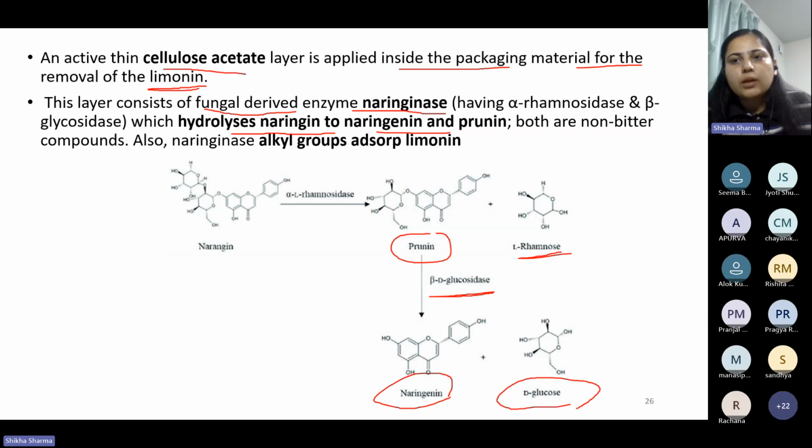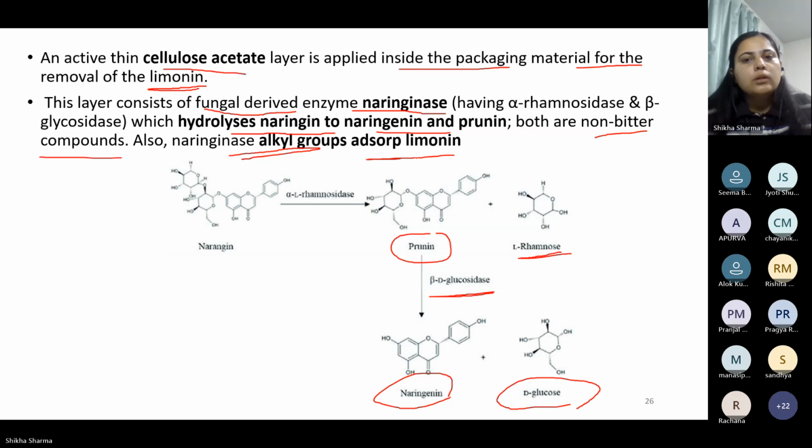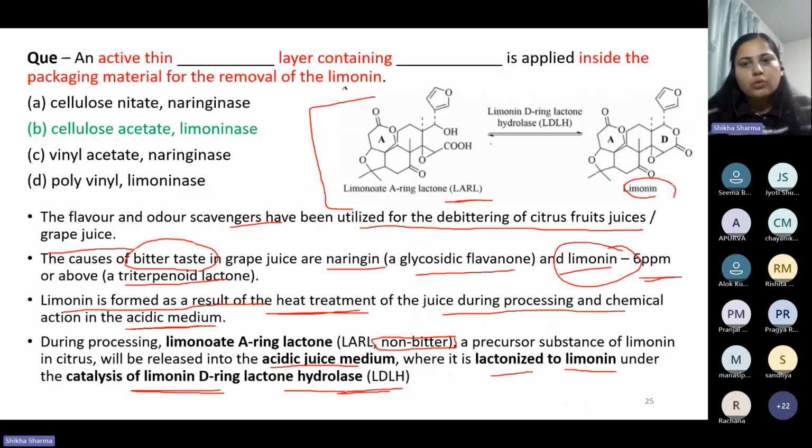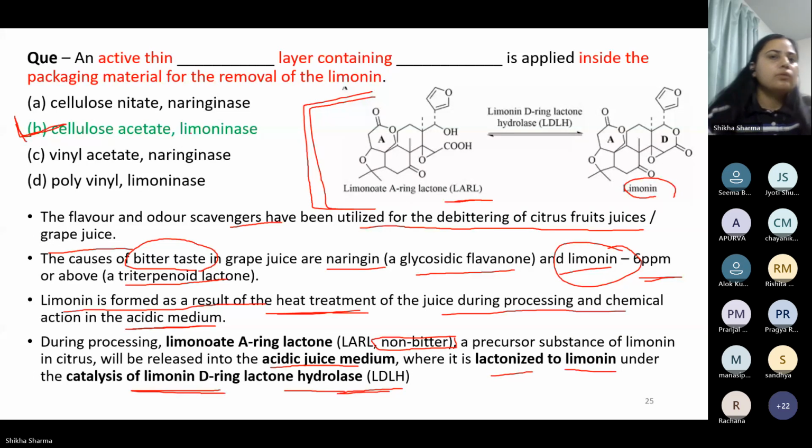Both are non-bitter compounds. Also, naringinase alkyl groups adsorb limonin. Because of this reaction, cellulose acetate is basically used for layering in the packaging material to remove limonin.